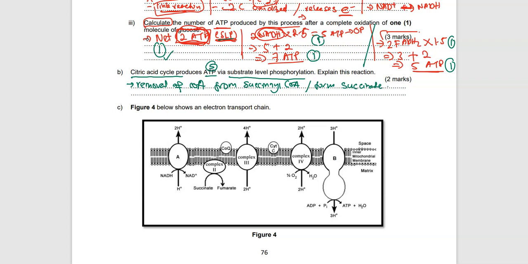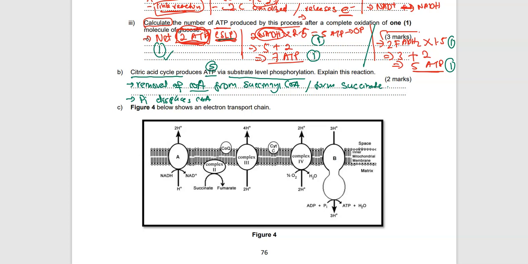After the CoA is removed, if you look at the diagram, you will see that inorganic phosphate will enter into the reaction. The inorganic phosphate, or phosphate group, will displace CoA from succinyl-CoA.